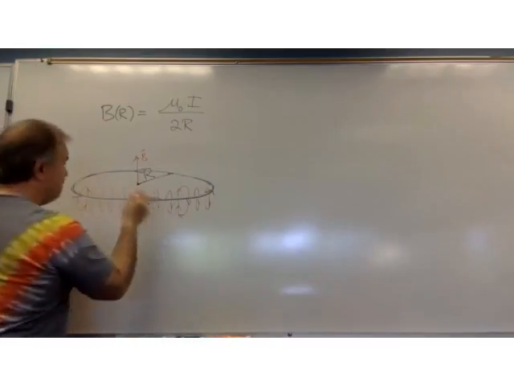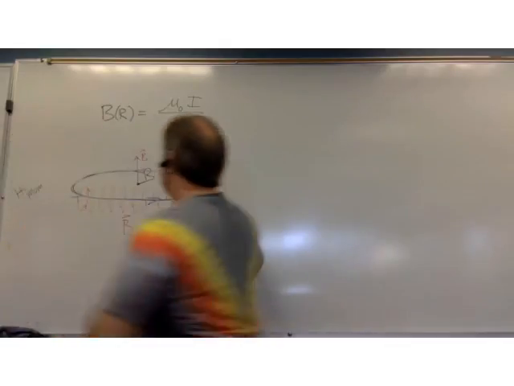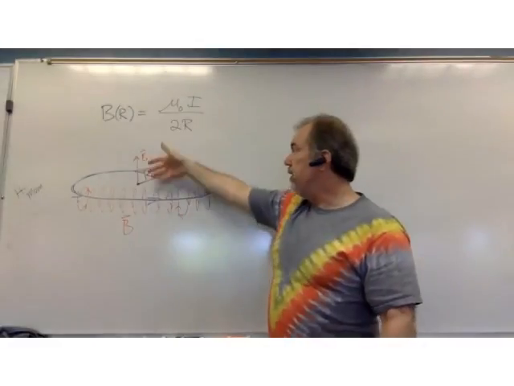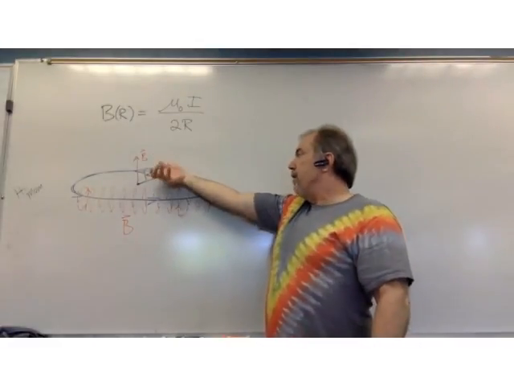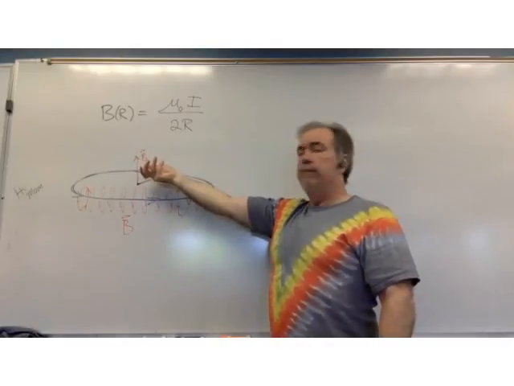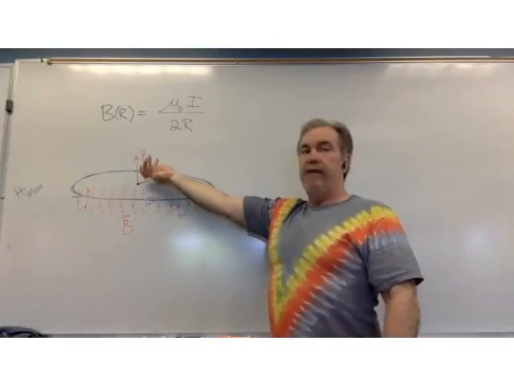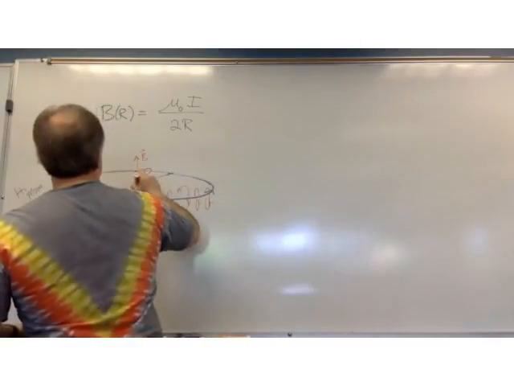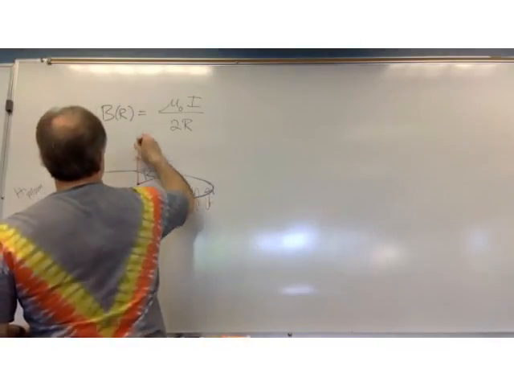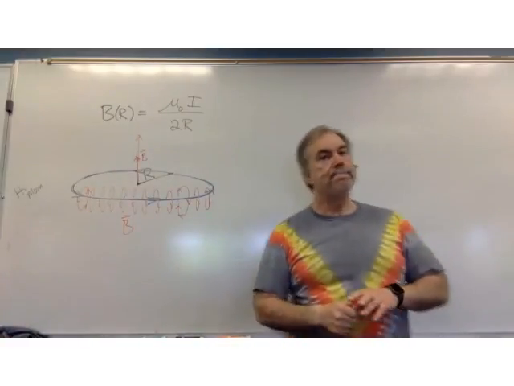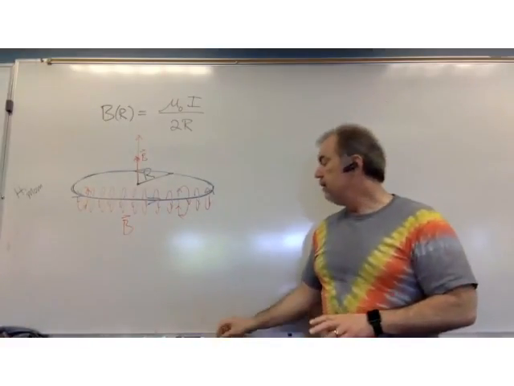In the back half of the wire, you do the same thing. The current is flowing behind the whiteboard, that way. Grab the wire, curl your fingers around until you get your fingers at the center of the circle, the place where you want to calculate the field. And as you see, the magnetic field is also pointing upward there. So the net field is upward in both cases. Good question.